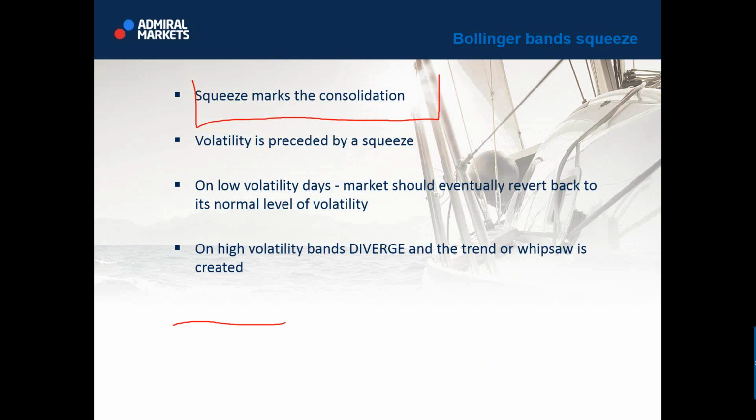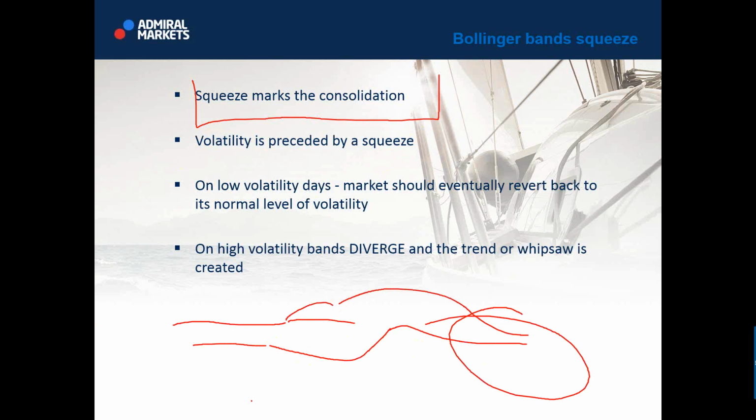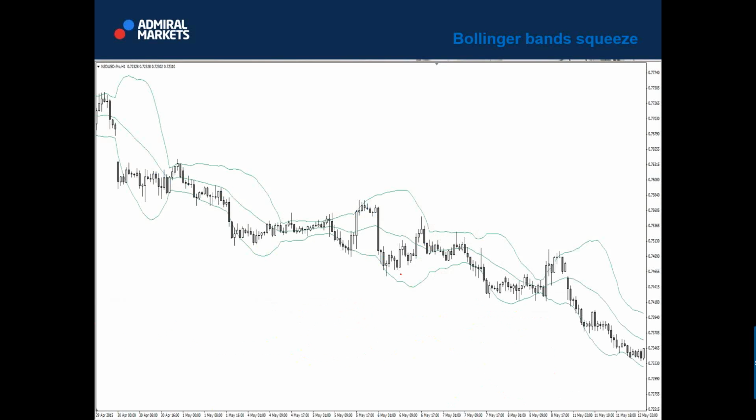So when we see a squeeze, there can be some divergence of the bands which will usually converge back into a squeeze. But it happens usually on low volatility days. On high volatility days, bands diverge and a trend or whipsaw is created. So this is how a normal Bollinger Band squeeze trend looks.